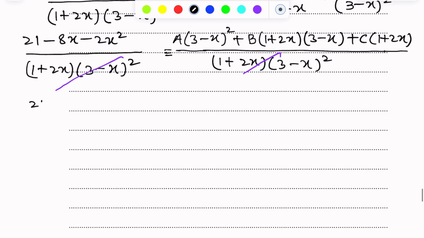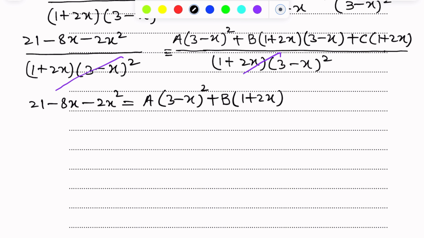We get 21 minus 8x minus 2x square is equal to A into (3 minus x) whole square plus B into (1 plus 2x) into (3 minus x) plus C into (1 plus 2x). Let this be equation 1, or A, for reference.